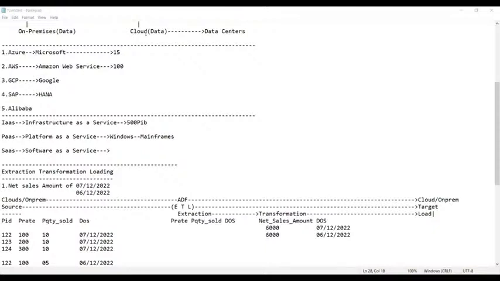Sir, with 3 years of experience, how much package can I get? If I put 3 years of experience in Azure, how much package can I get? See, you can put only up to 3 years, not more than that, because prior to 2018 you can't put it, as you don't have that particular version.